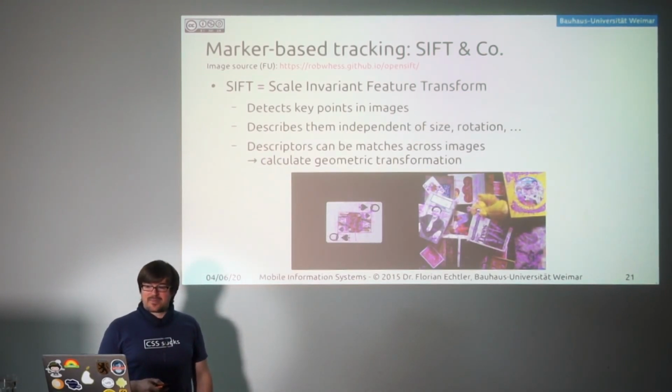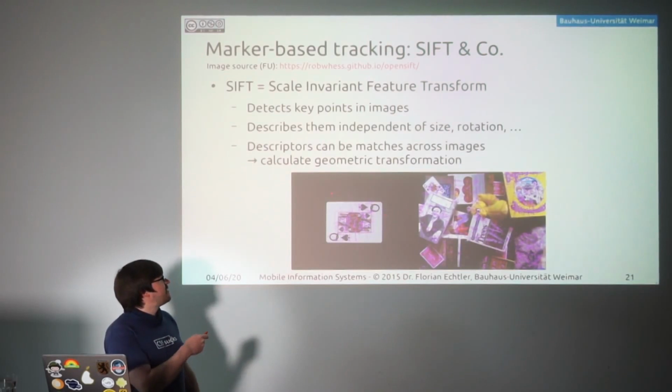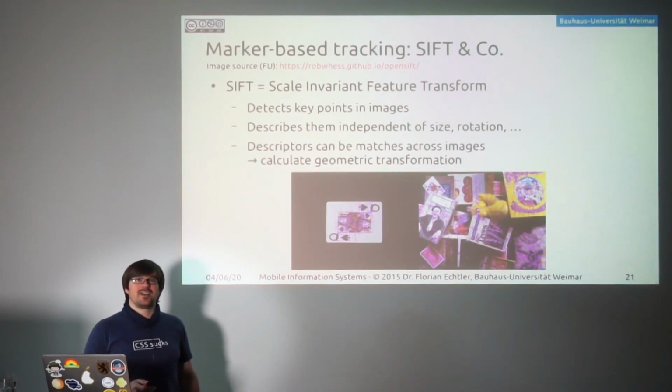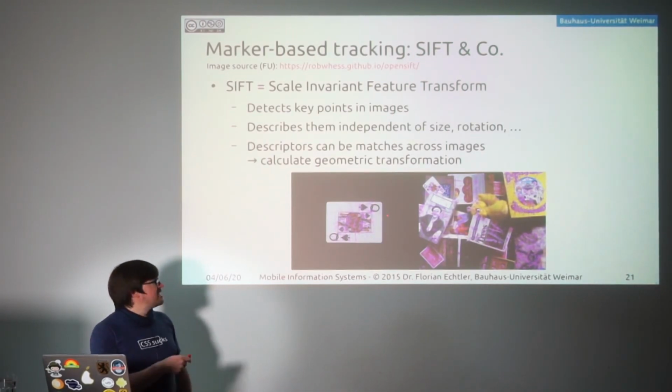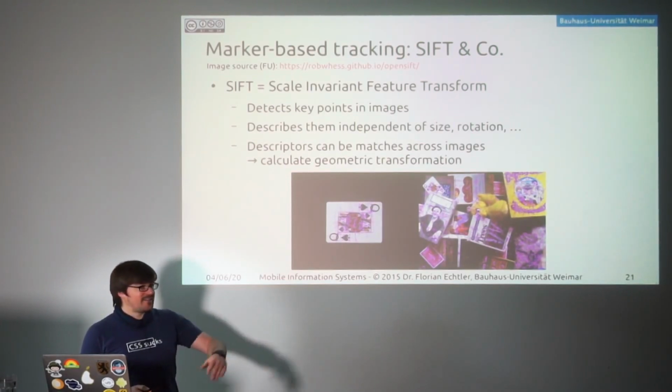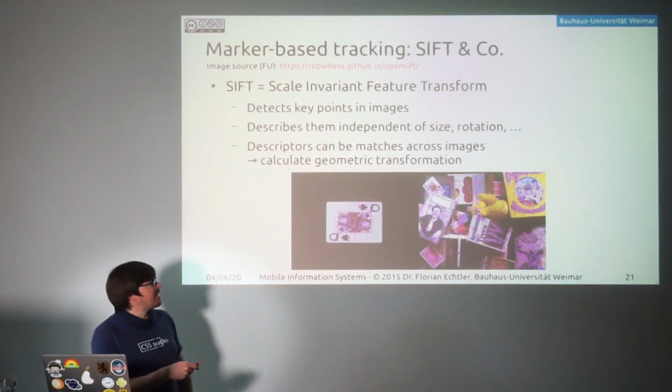And then I can have basically one training image, let's say this playing card here, and these purple arrows kind of indicate the various SIFT descriptors created for that playing card. And these basically I pre-calculate and store in my app, and then in the next step, in the camera image, I calculate also this bunch of SIFT descriptors across the whole image.